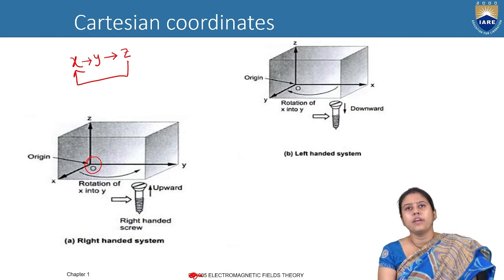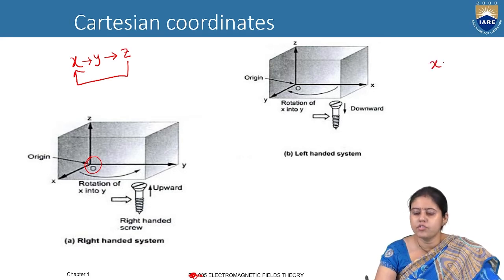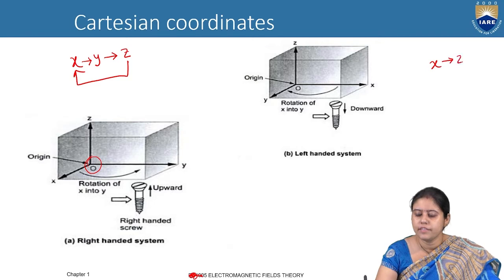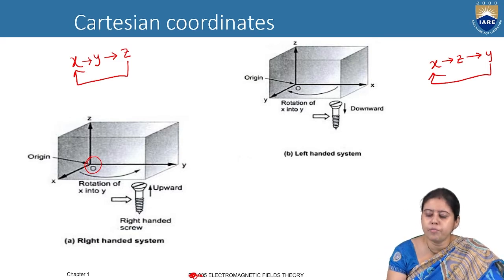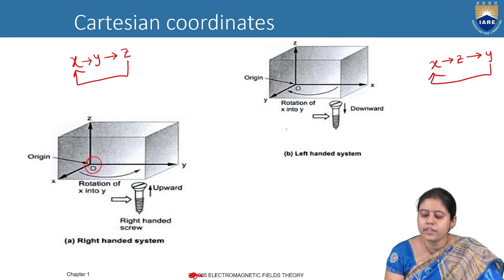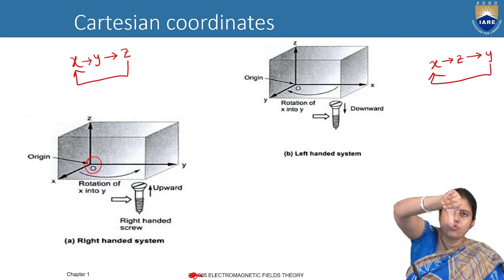Similarly, if we go in the opposite direction, if we start x to z, z to y, and y back, so in this coordinate system we go in the clockwise direction. x to y, you can see x to y.